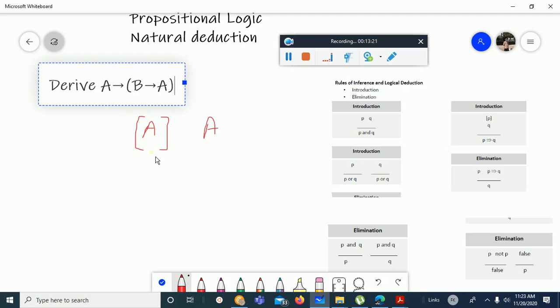So this assumption, if we have P, then we have Q. If we have a statement P, then that statement implies Q. So we will write B instead of Q. So here we can say A implies B.